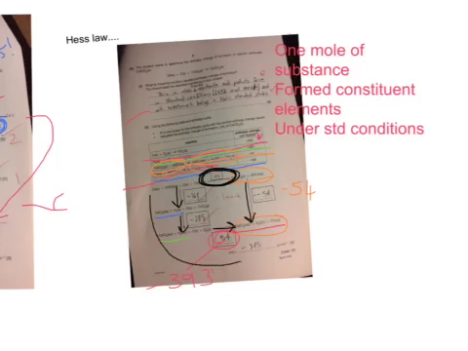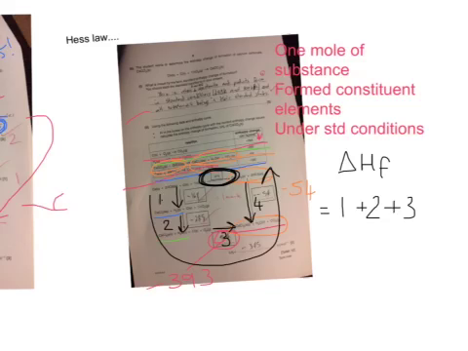So if we're going from Leeds to Bradford, A to B, and if I just label the arrows for explaining's sake, 1, 2, 3, 4, then the delta HF, so enthalpy change of formation equals arrow 1 plus arrow 2 plus arrow 3 minus arrow 4, because 4 is going against the arrow, against the grain, and we want to find the direct method using this indirect method, which takes 4 reactions to get there.